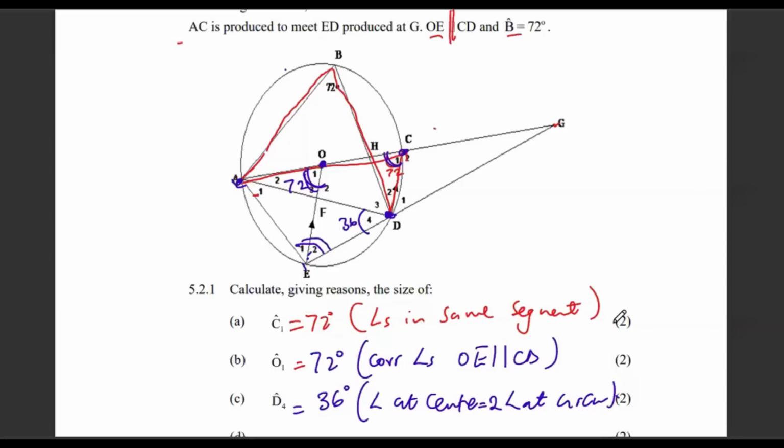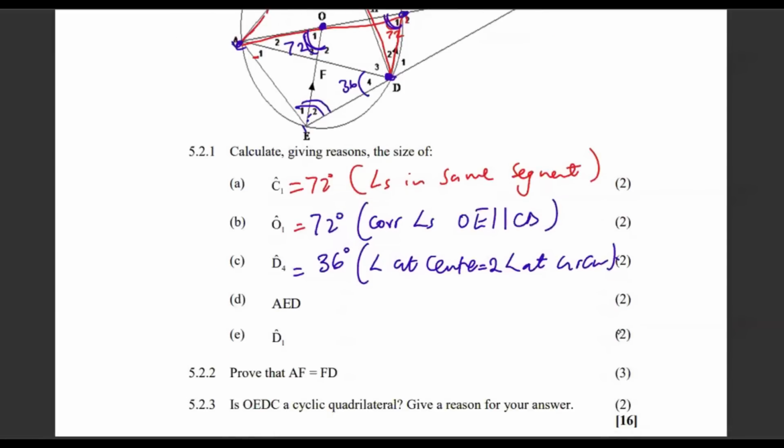So it's going to be 108. So I'm going to say that's 108, the opposite angles of a cyclic quad. Okay. And then if that is true, then we need to find D1. D1, which is here.